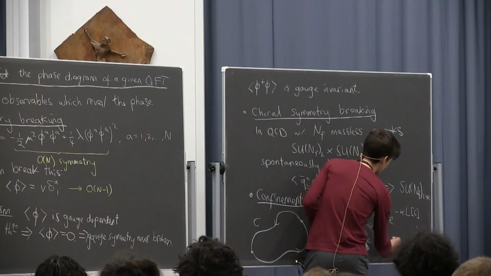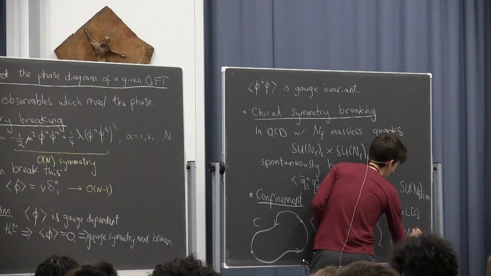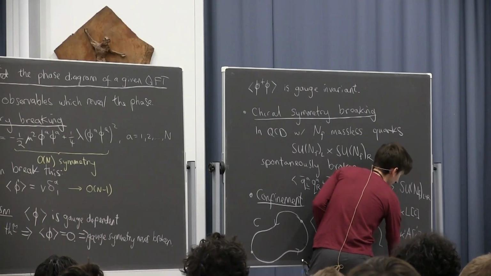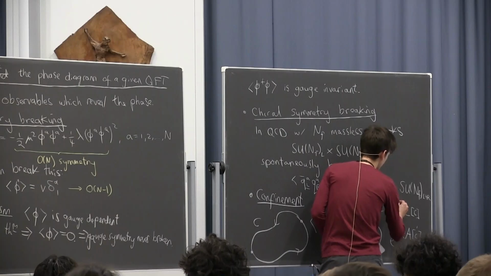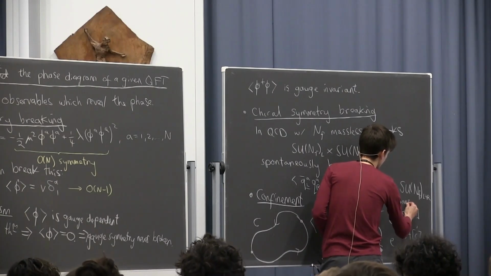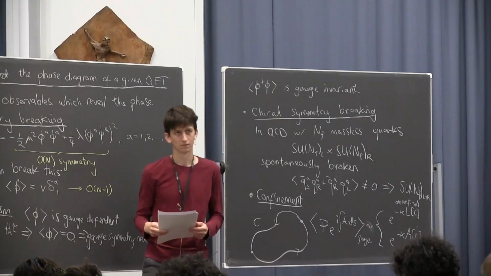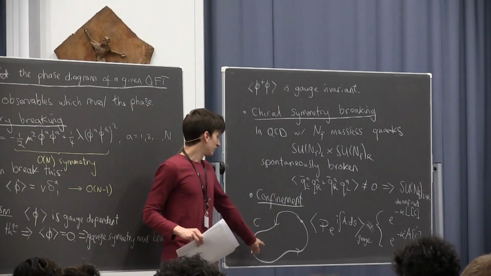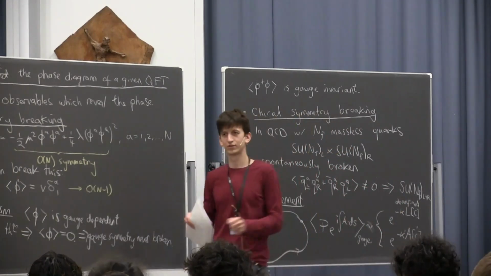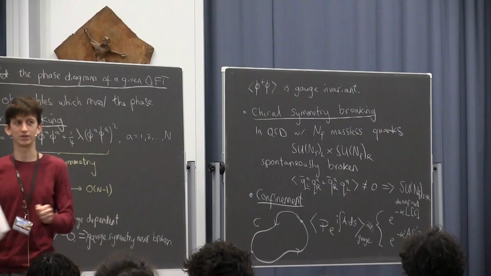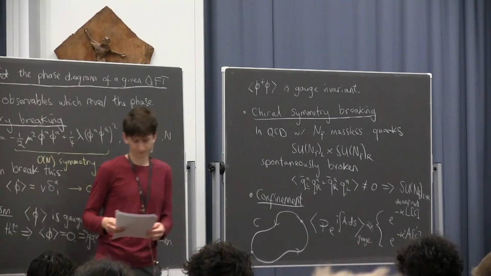And as a consequence, we would expect that we get e to the minus constant times the area of the curve in the confined case, and then deconfined at the top here. So if you calculate this operator and work out how it scales for large curves, you should be able to work out if you're in a confined or a deconfined phase, depending on this operator.